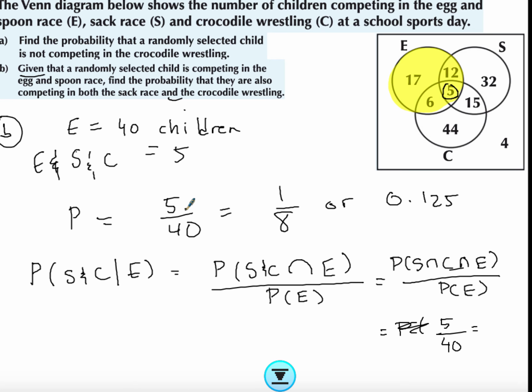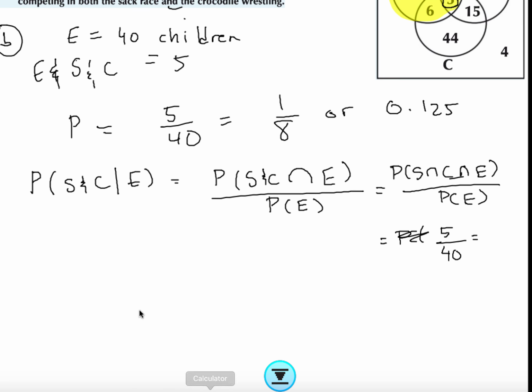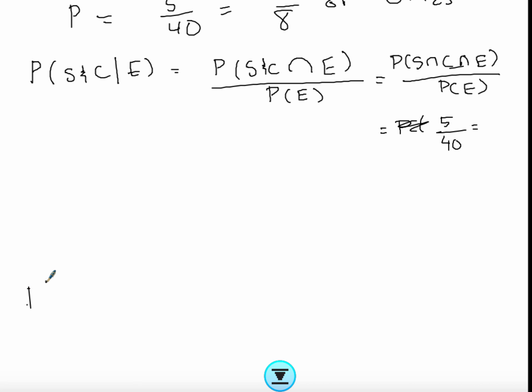Just as an extra note, on the side, you can think of it as the probability of E is 40 out of 135, and the probability of doing all of them is 5/135.